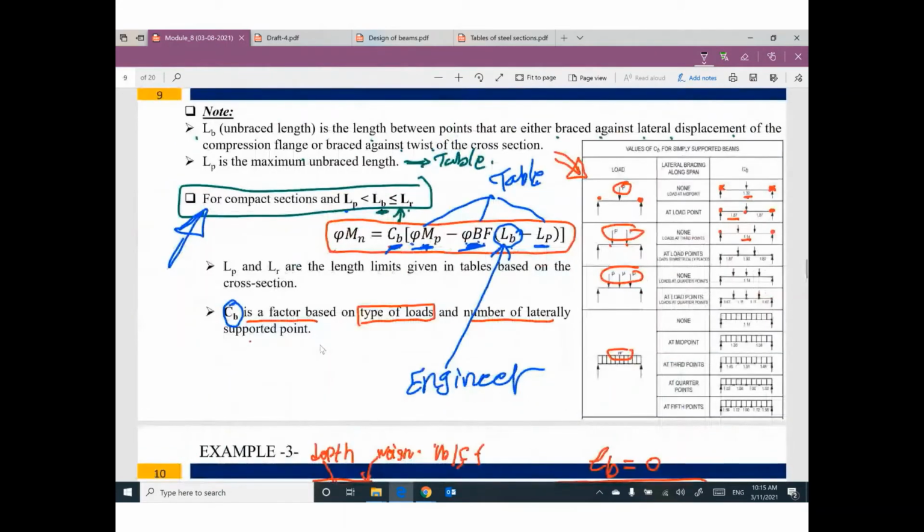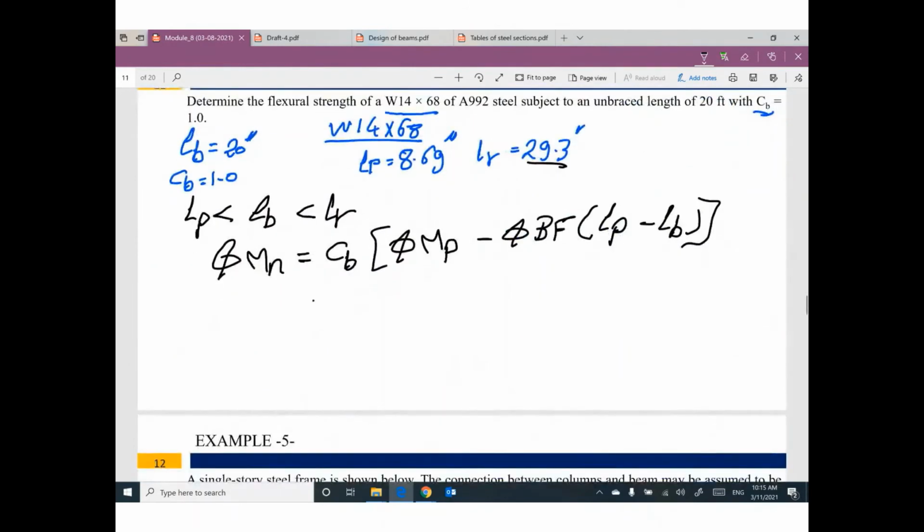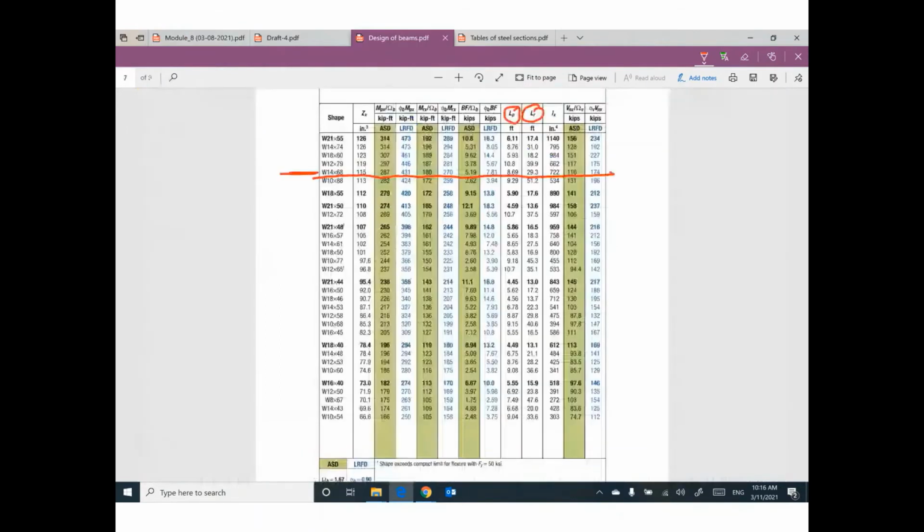If LB greater than LP and smaller than LR, here you go, the design bending moment. Let's do it. What is the value of CB? You don't need to figure it out because it's given. 1. What is the value of phi M plastic? Open your table. Here you go. This column, phi M plastic, 431.